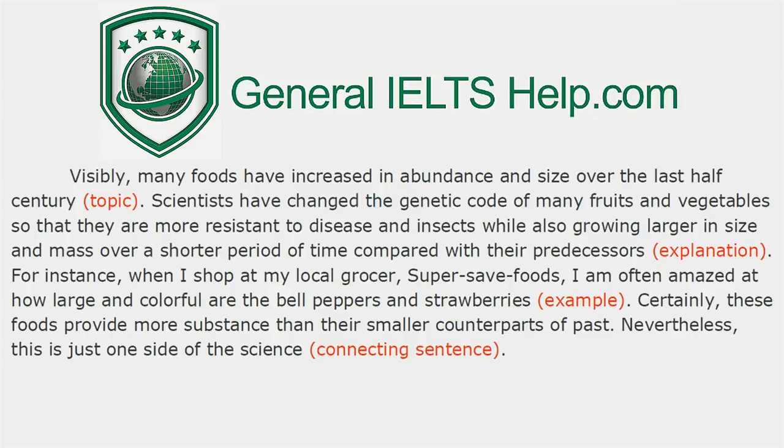For instance, when I shop at my local grocer, Super Save Foods, I'm often amazed at how large and colorful are the bell peppers and strawberries. Certainly, these foods provide more substance than their smaller counterparts of past. Nevertheless, this is just one side of the science.